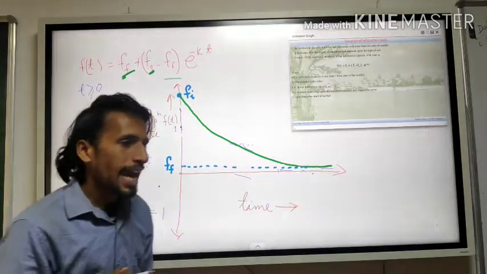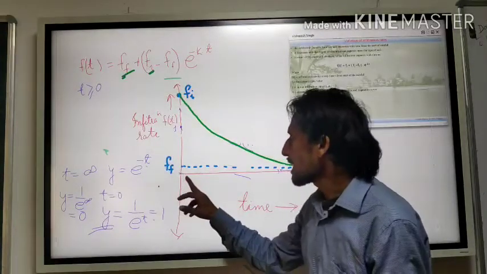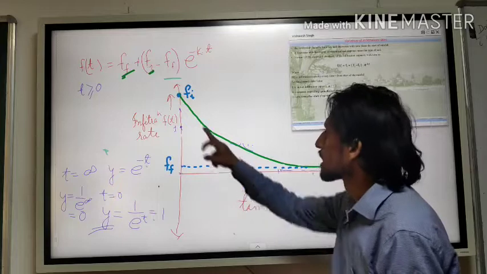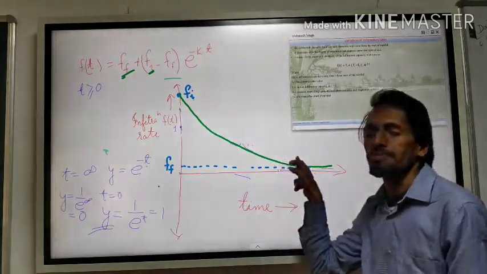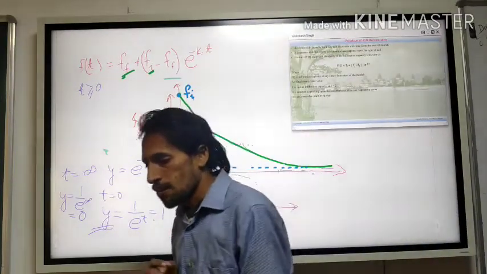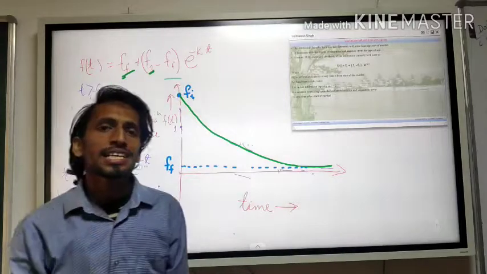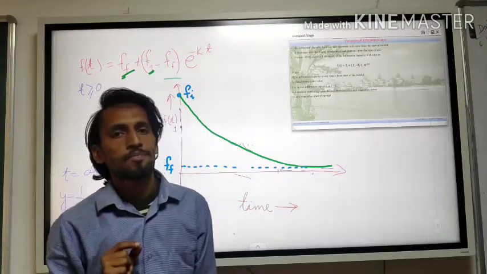If you see this curve closely, you will realize that as time increases, the value of f is constantly decreasing. The curve is a decreasing curve, which also means that infiltration rates will decrease slowly, in an exponential function.